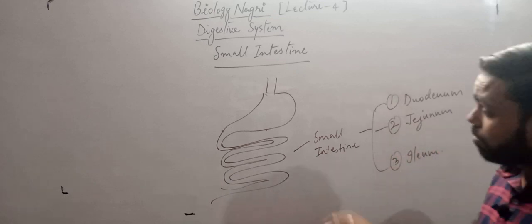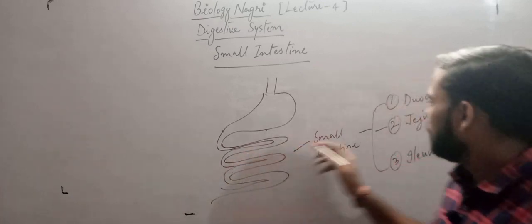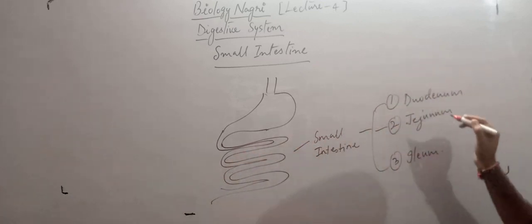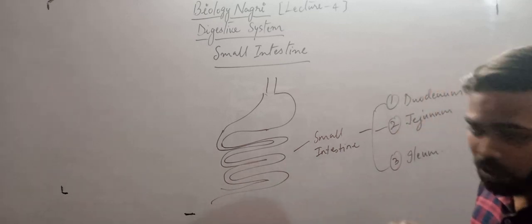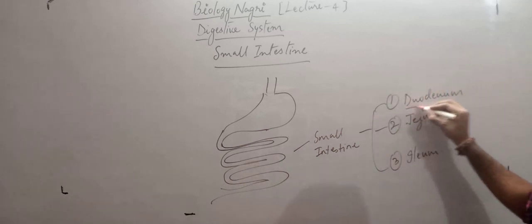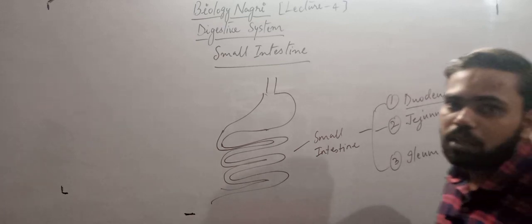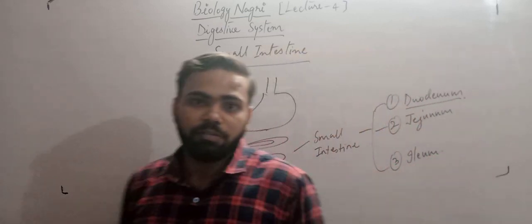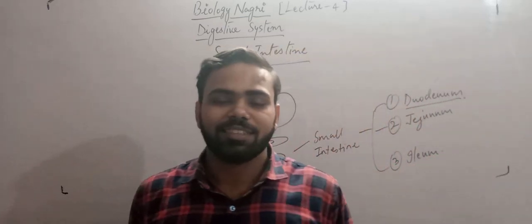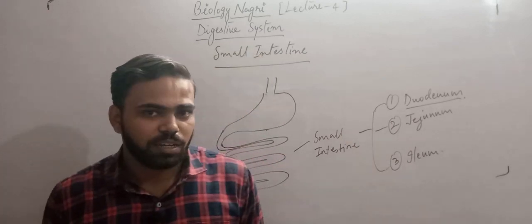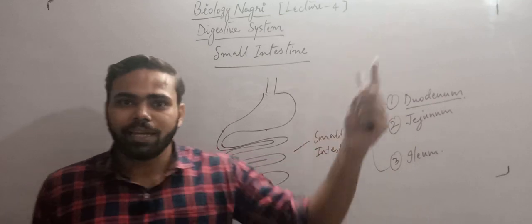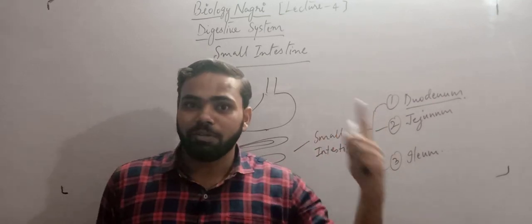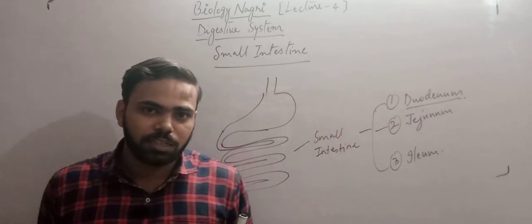The first part of the small intestine is the duodenum. The duodenum is a C-curve like coiled structure. Here in the duodenum, the common bile duct, which carries bile, and in the route the pancreatic duct also continues with that common bile duct.